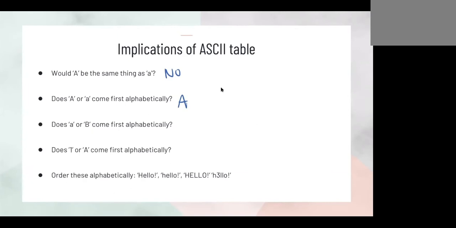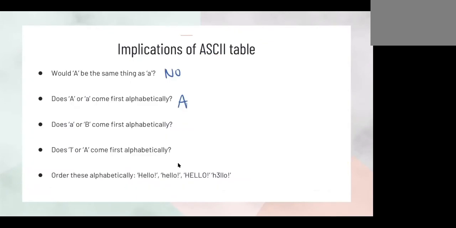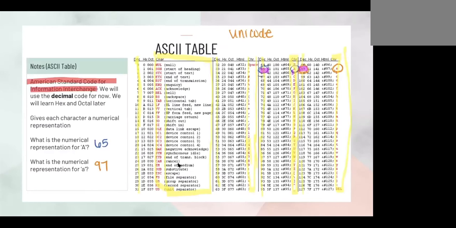Capital B, very good. So hopefully you guys are saying that because of our lovely ASCII table right here, where we have, what was it again? It was lowercase a, capital B, yes. So capital B has this code 66 associated with it.